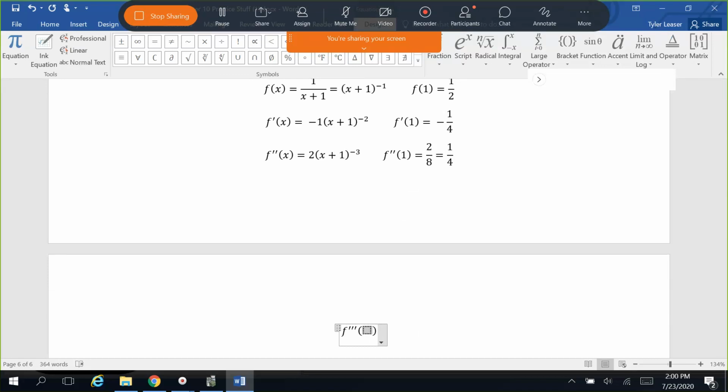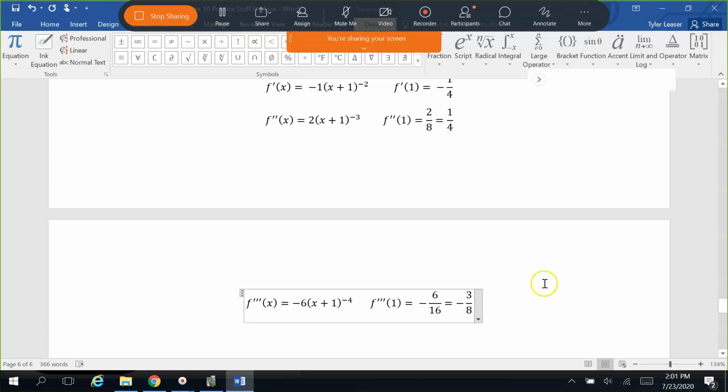So the third derivative is going to be bringing the negative 3 down, leaving the inside alone, taking 1 away. Plugging the 1 into the third derivative is going to give us negative 6 over 2 to the 4th, which is 16. So that simplifies down to be negative 3/8.